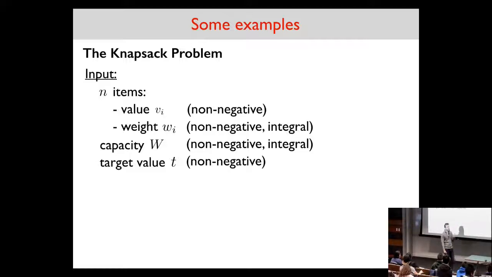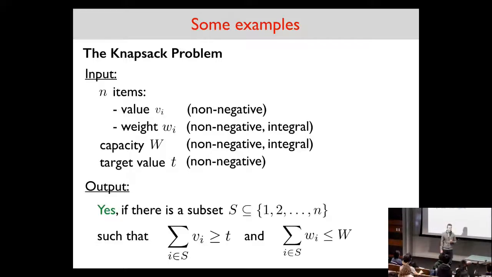You're also given some capacity, capital W, and a target value T. Okay, and basically the goal is to figure out, is there some subset of the items such that the values of these items sum to at least T, subject to the constraint that the weights sum to at most W.